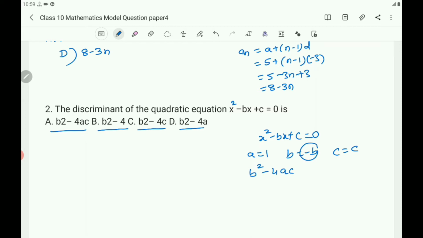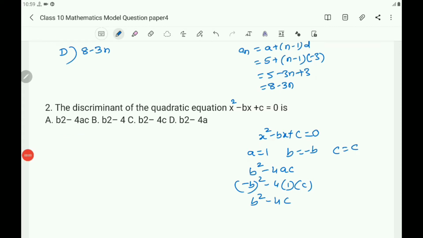So in the place of b there is minus b. So you write minus b whole square minus 4, a is 1, c is c only. Then it becomes b square minus 4c. The answer is b square minus 4c. So here option C is the answer. You write answer C, b square minus 4c.